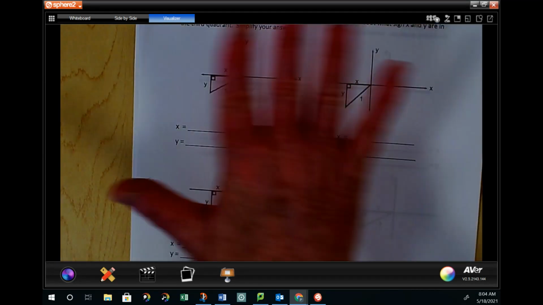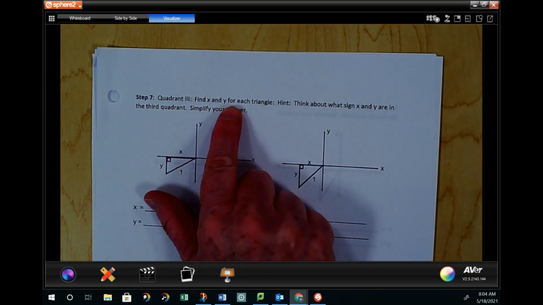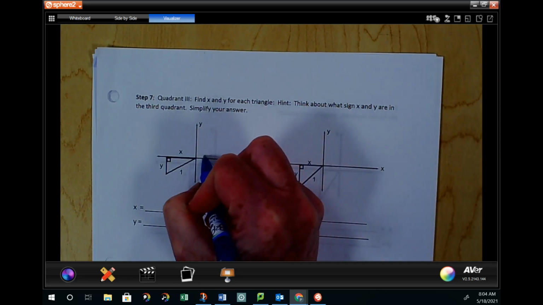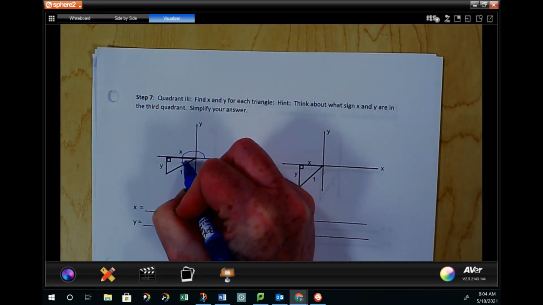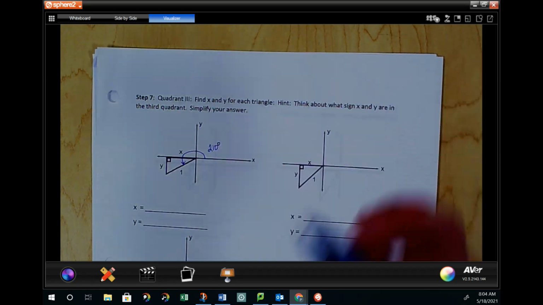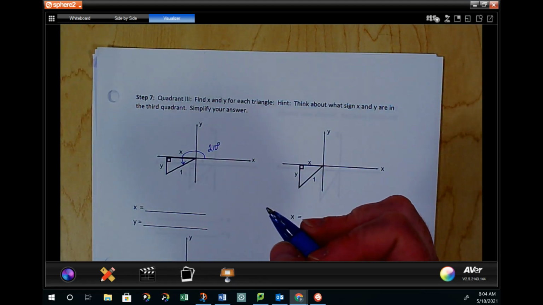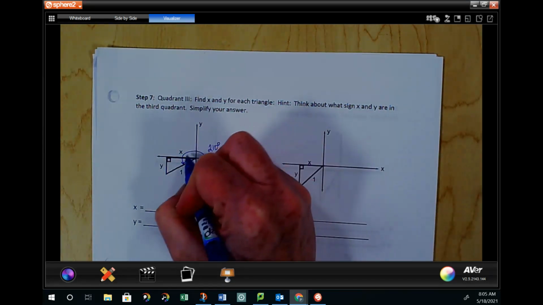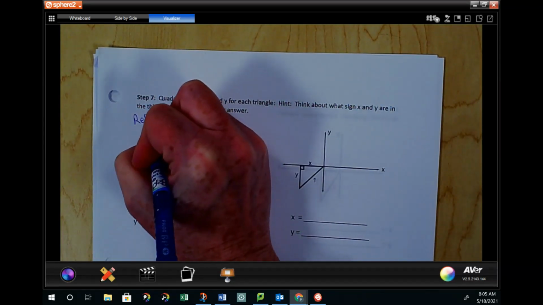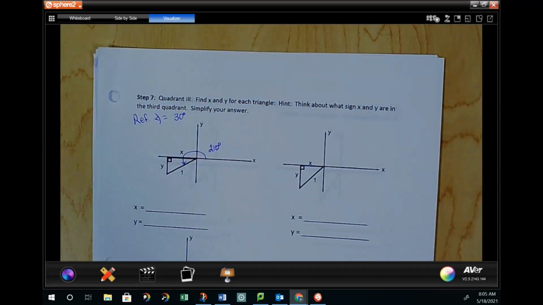Now we're going to go to quadrant 3. In quadrant 3, you're going to find your x and y values. This right here is going to be 210. At 210, this reference angle ends up being 30 degrees, and we just talked about that.